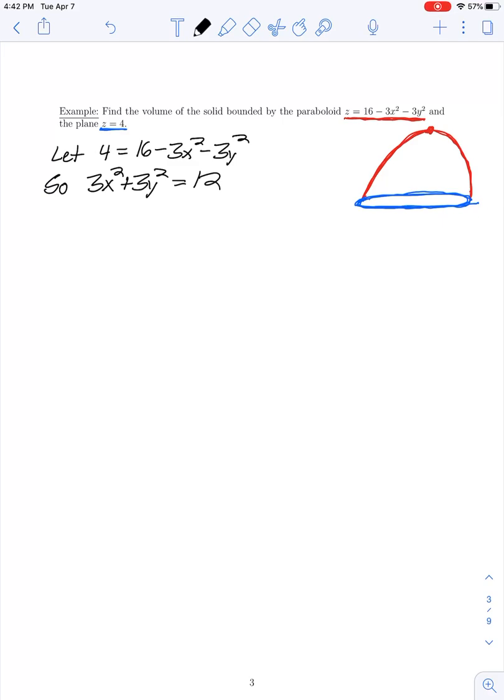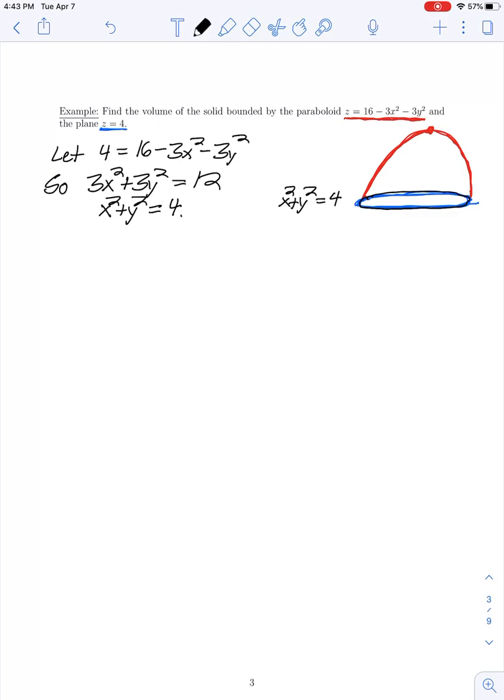And then dividing through by 3, we have x squared plus y squared is equal to 4. So this circle of intersection for those two curves is a circle of radius 2, centered around the z-axis. The center of the circle would be x equals 0 and y equals 0.